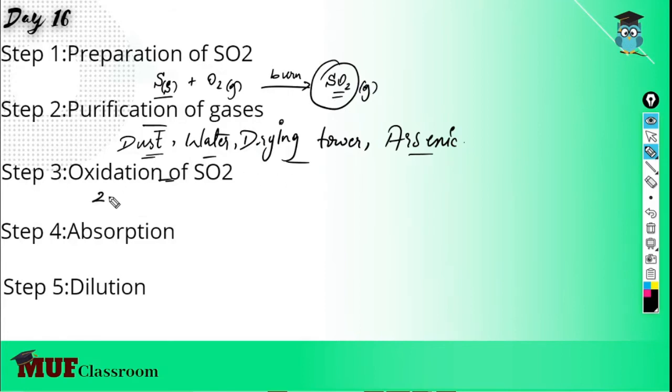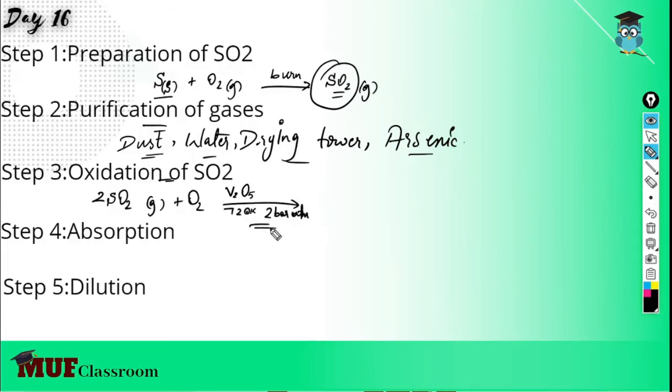I'll try to balance it before writing the entire equation. We need 2 SO2, which is gaseous, and O2, since it is again oxidized. Here we have a few conditions: in the presence of the catalyst vanadium pentoxide, V2O5, at 720 Kelvin and 2 bar pressure.